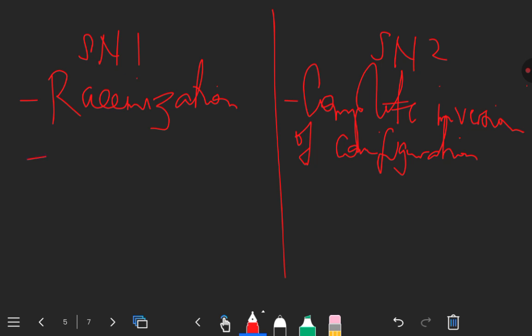Then the other thing you must take note of here is rearrangement. In SN1, it is very possible for you to form a rearrangement because there is the formation of carbocation.